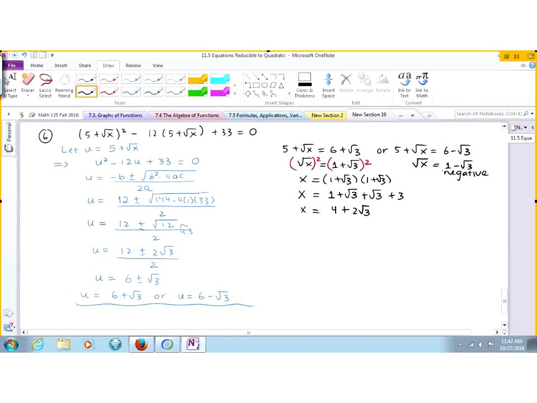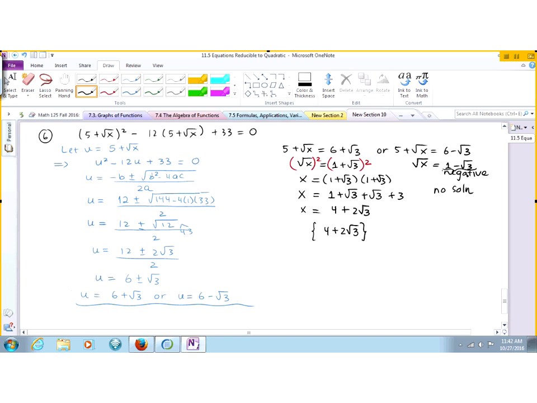Is it possible to have square root of x equal to a negative? No. So there is no solution from this part. So you have only one solution, and that is 4 plus 2 square root of 3.